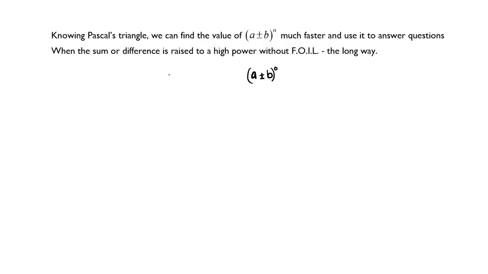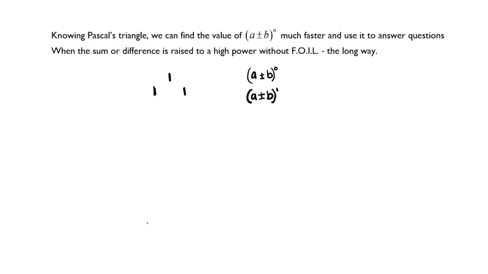So let's take a plus or minus b raised to the 0 power and recall that that will give us 1. Also, recall that a plus or minus b raised to the 1st power will have coefficients on a and b of 1 and 1.